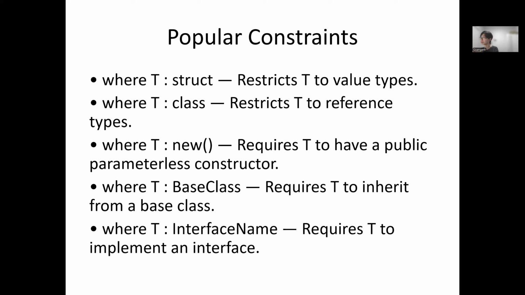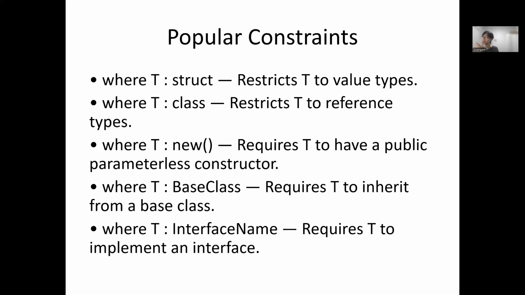The next one is where T : new(), which requires T to have a public parameterless constructor. In the previous example I talked about the Person class.